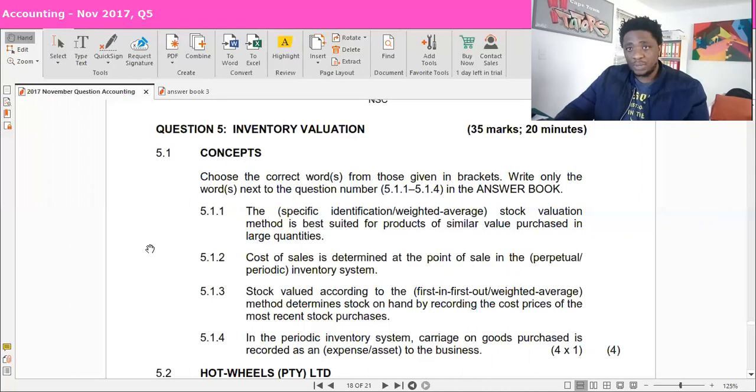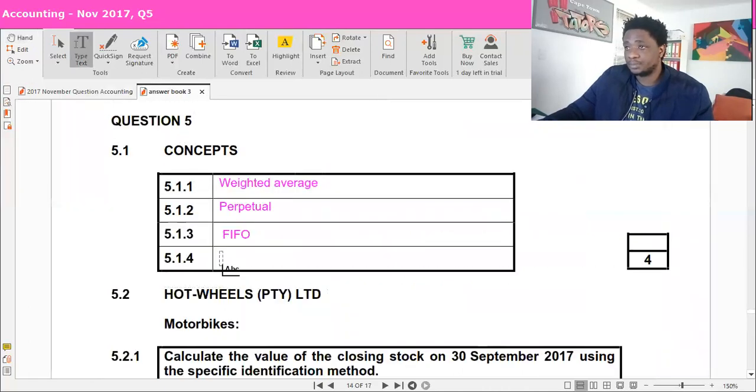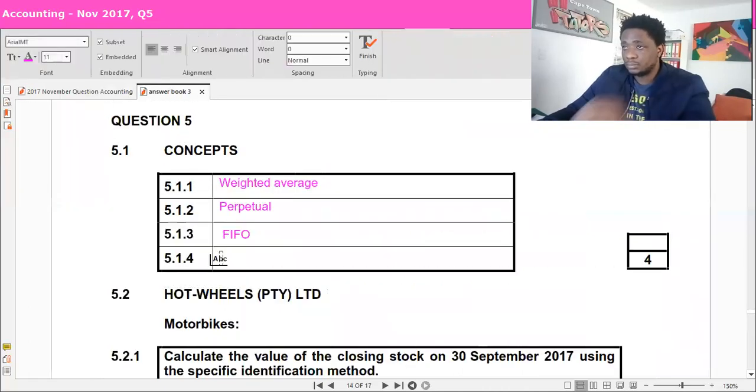So the carriage on purchases you add to cost of sales, and we know that cost of sales is an expense. So in the periodic inventory system, that carriage that you incur becomes an expense. Whereas in a perpetual inventory system, it becomes an asset because you capitalize it to the cost of inventory. So it will be an expense under the periodic inventory system.